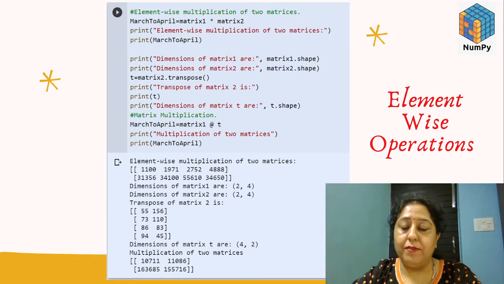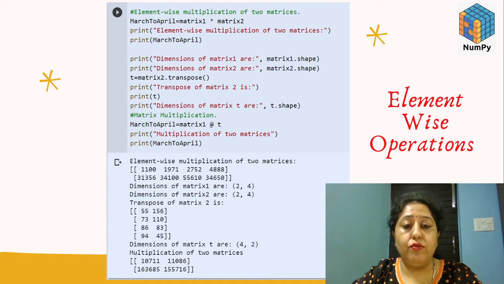We simply do it by calling the transpose function. We do it like matrix 2 dot transpose. This will transpose the matrix 2, and when you see the shape now, the shape of this matrix T will be 4, 2.